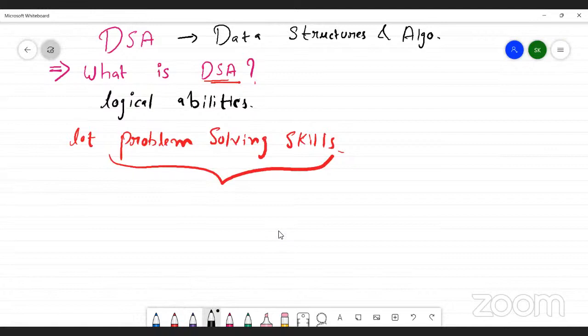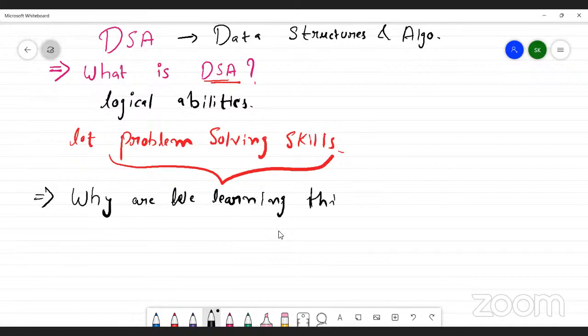Now coming to my second question, which I would like to ask you all: why are we going to learn this course? Why are we learning this course? What is the need of it? And why is it so important? Importance of it. Anyone?